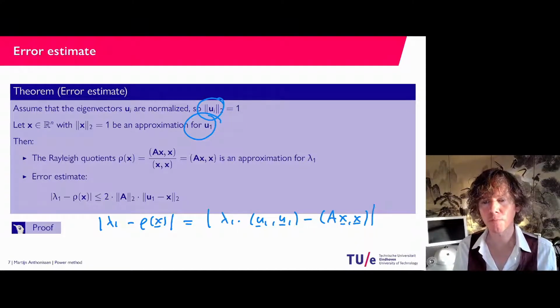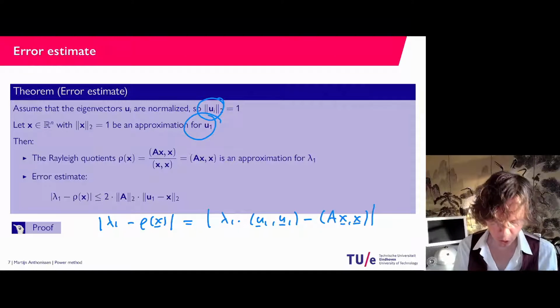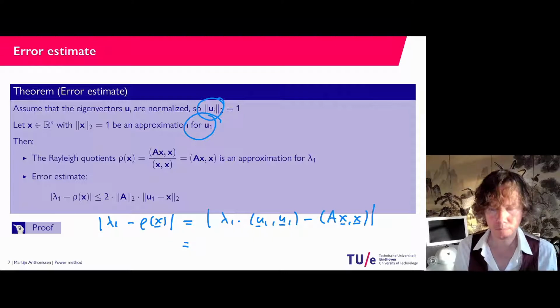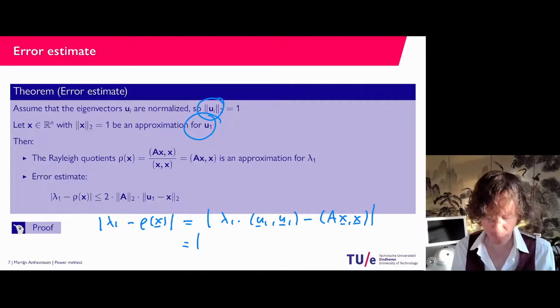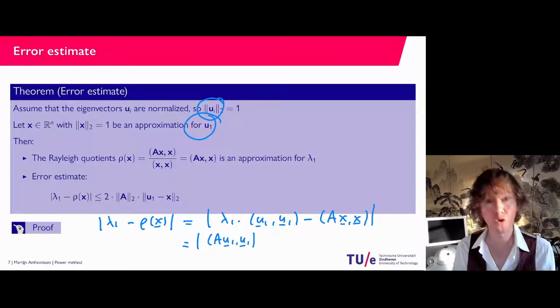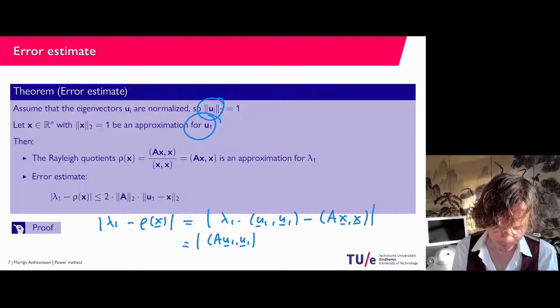And now is the step where I said that I'm going to introduce an extra term here. First of all, lambda 1 times u1 can be written as A u1, because u1 is the eigenvector for lambda 1. Minus, and then I'm going to add Ax comma u1, and I'm going to do plus Ax comma u1.